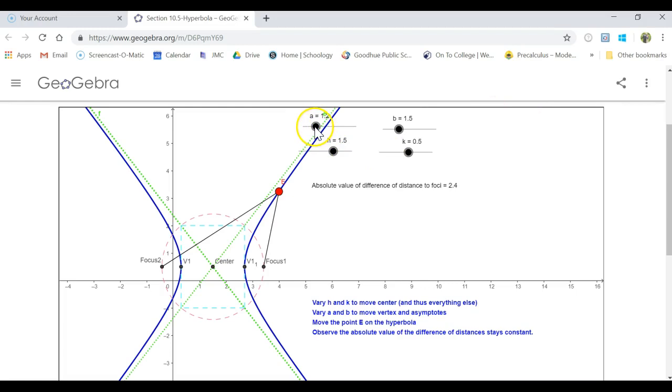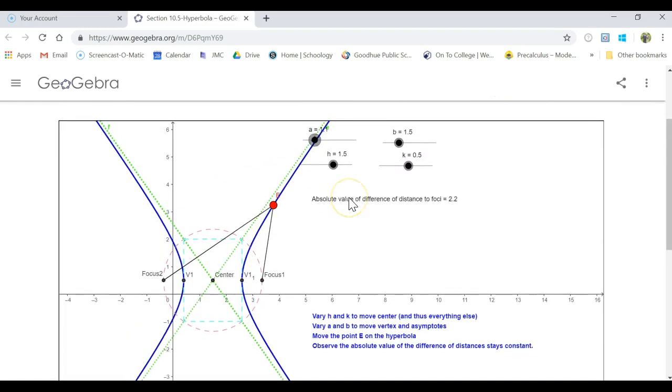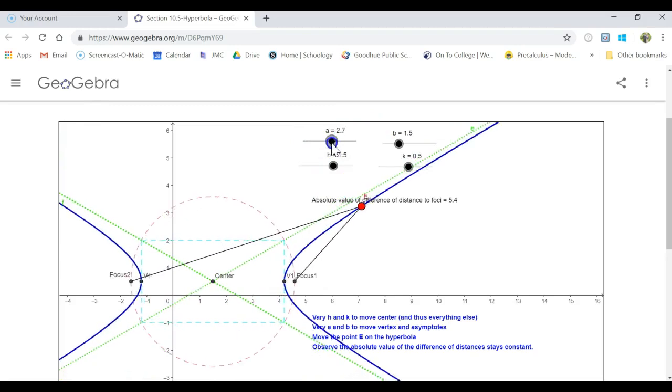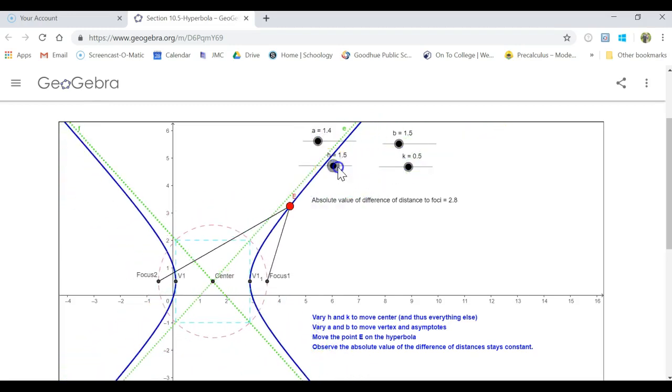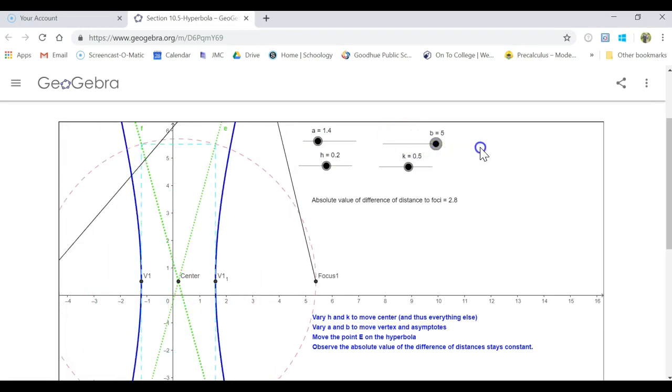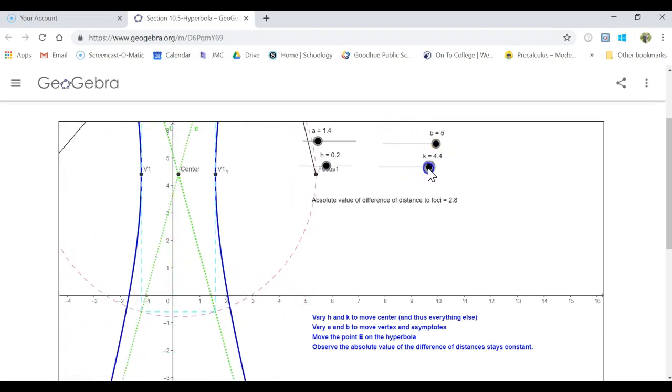For example, it can go sideways, or remember we talked about the foci, the focus of each one. It can also go the other direction.